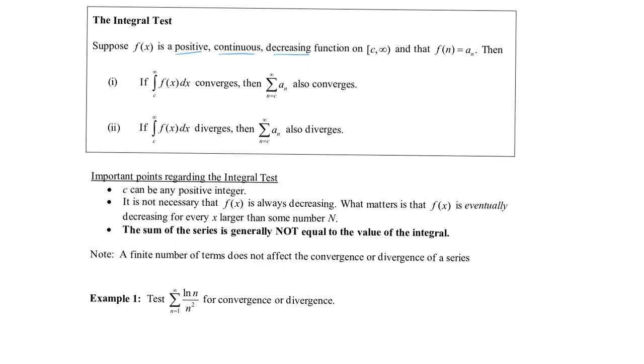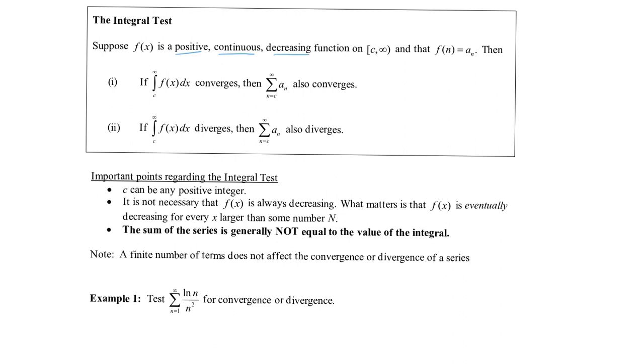So a few important points here. c can be any positive integer. This number c, any positive number at all will work. And it's not necessarily that the function is always decreasing. What matters is that it eventually decreases, for every x larger than some number n. So what that means is it can increase at first, but eventually it has to reach a point where the function starts to decrease and then it continuously decreases.